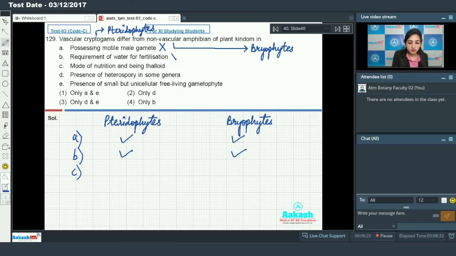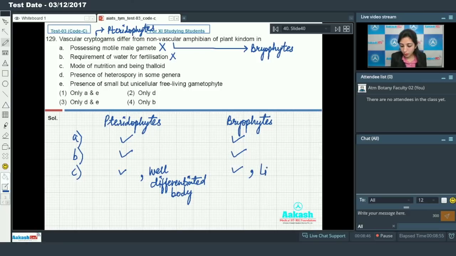This cannot be the feature. This cannot be the feature. Mode of nutrition and being thalloid. Mode of nutrition is the same in both pteridophytes and bryophytes, and pteridophytes have a well differentiated body, and among bryophytes, liverworts have a thalloid body.